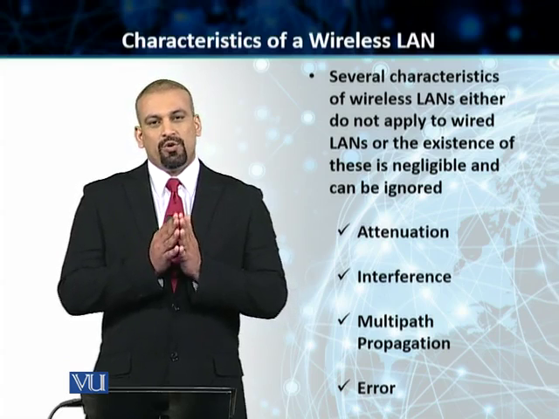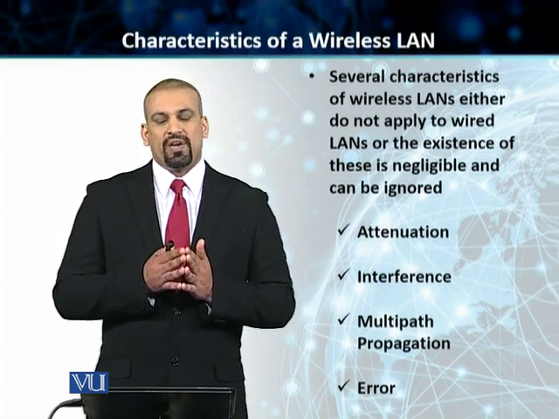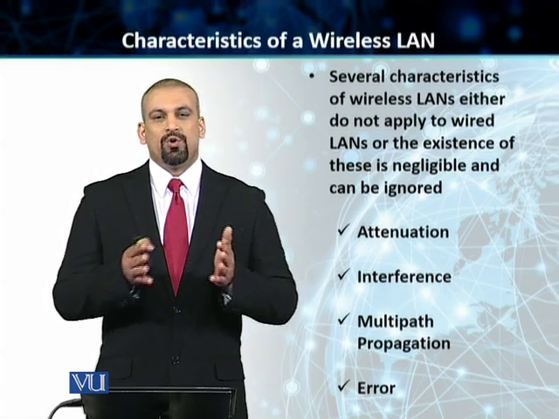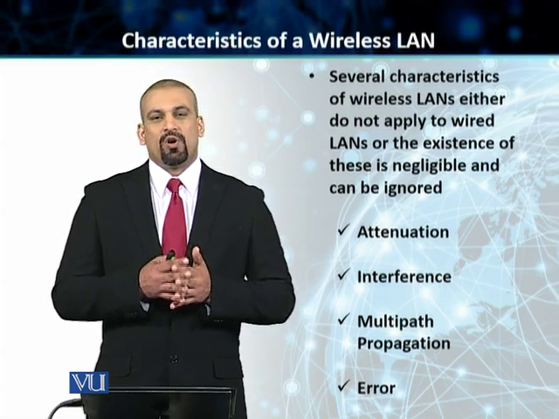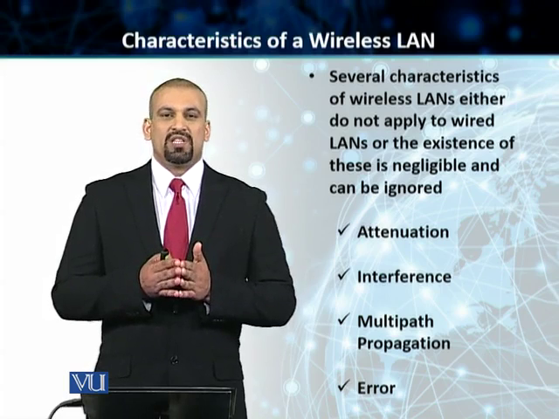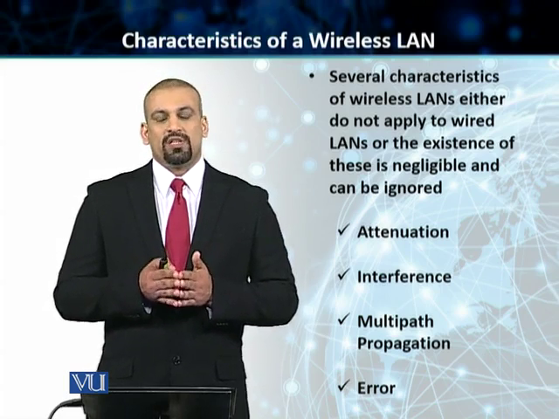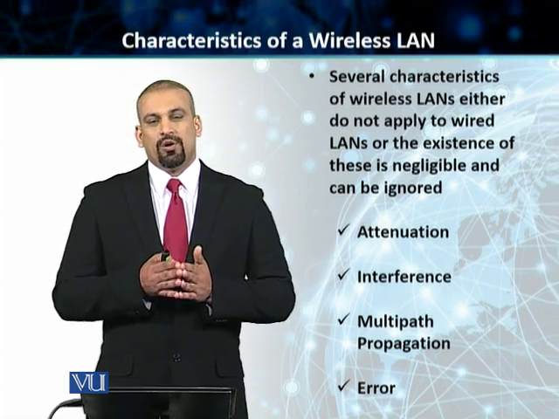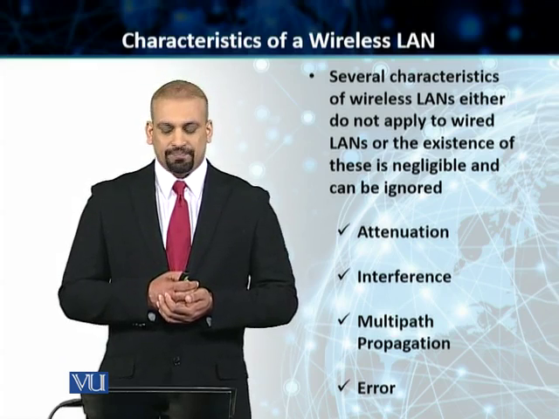So you receive the original signal, but at the same time you receive multipath propagation of the same signal, which is due to all the other obstacles around you. Because of that, you receive multiple copies of the same signal but with different phases. That causes a further noise, and that noise is called multipath propagation as well.